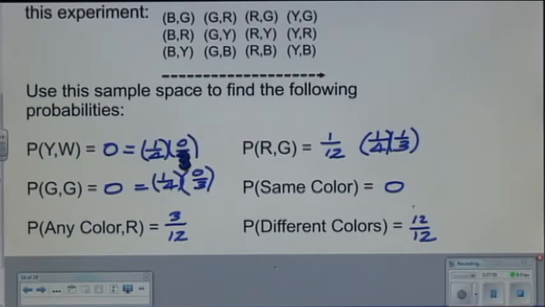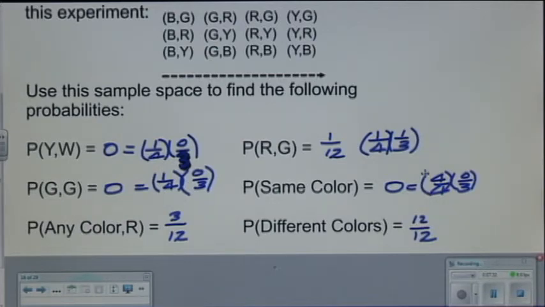And almost identically, for the same color, we have the same issues. There are 4 out of 4 ways to pull a marble of a particular color in the first draw. However, in the second draw, there are 0 ways out of 3 to get that color again. So if I multiply those together, the answer is 0.